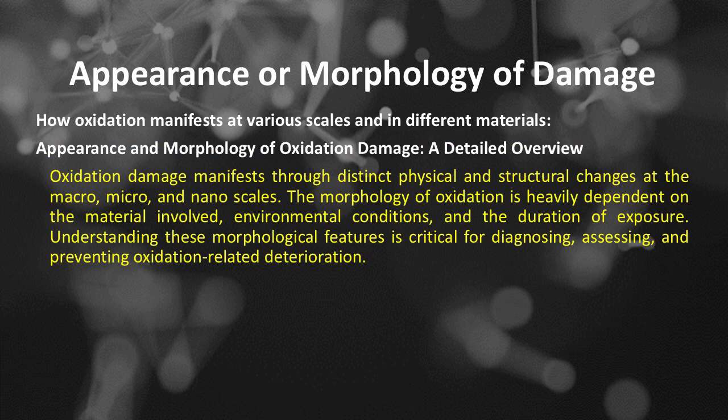Oxidation damage manifests through distinct physical and structural changes at the macro, micro, and nano scales. The morphology of oxidation is heavily dependent on the material involved, environmental conditions, and the duration of exposure. Understanding these morphological features is critical for diagnosing, assessing, and preventing oxidation-related deterioration.